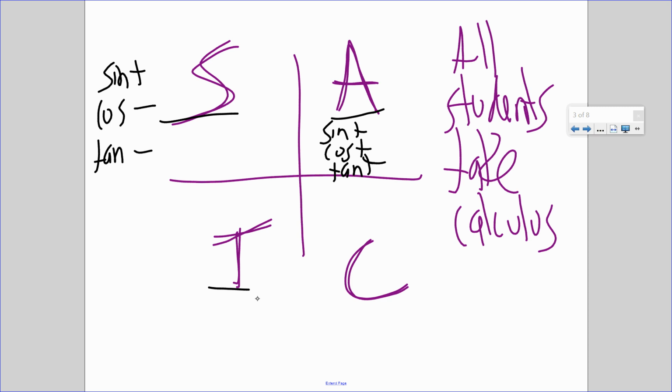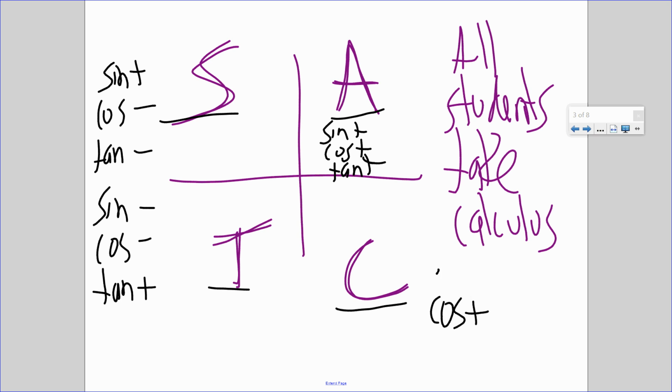This T is saying in Quadrant 3 that only tan is positive, which means that sine is negative and cosine is negative. And finally, C in Quadrant 4 is saying that cosine is positive, which means that the other ones must be negative. That's how we use ASTC.